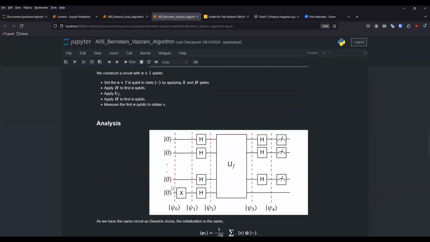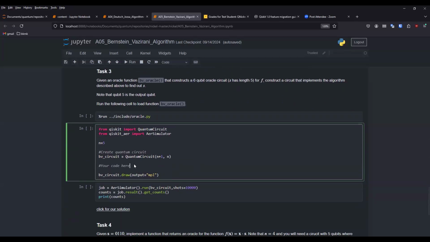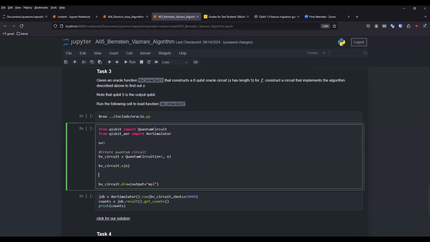A very similar construction: NOT gate, Hadamards, the unitary gate, Hadamards, measurement. Not on the target qubit. Hadamard on all the qubits.